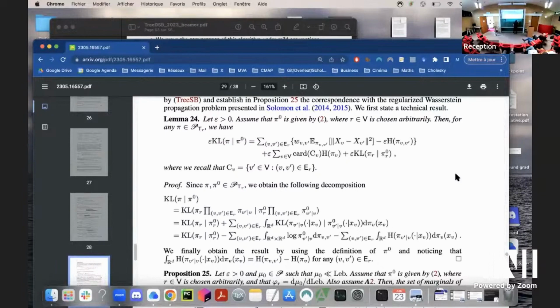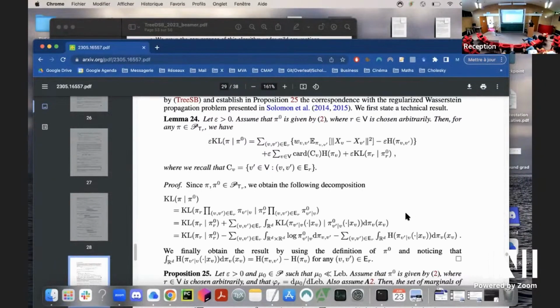So this is the trick that you always use in a Schrödinger bridge problem. When you have a constraint on this thing, you condition by this marginal, and then you have the KL of the conditional distribution. So this is what we do, but we do it recursively by conditioning on the parents.